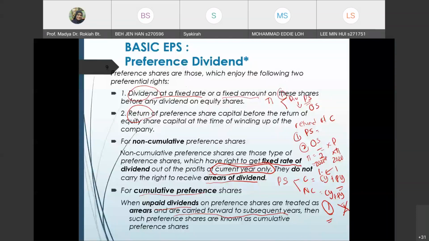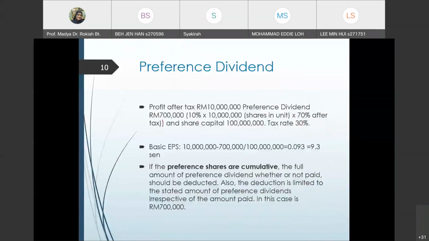So we're going to look at this: the profit after tax is 10 million. Preference dividend is 700. This 700 is the amount already calculated. The information given: preference dividend is 10%, which is the rate of the dividends. The number of shares is 10 million.